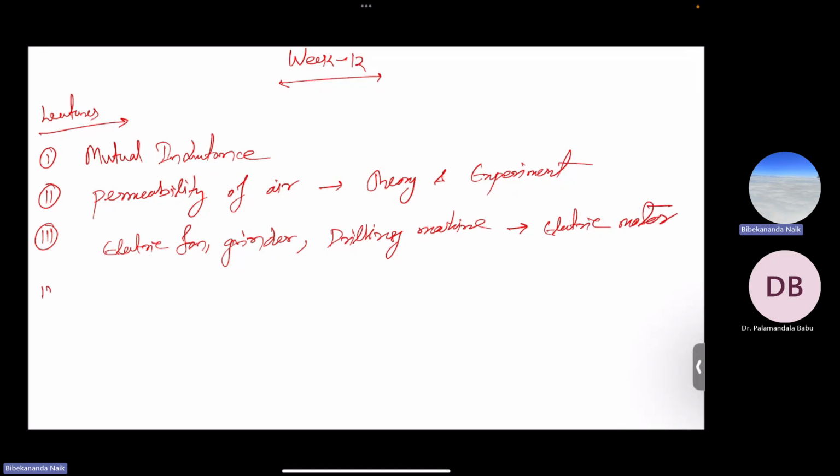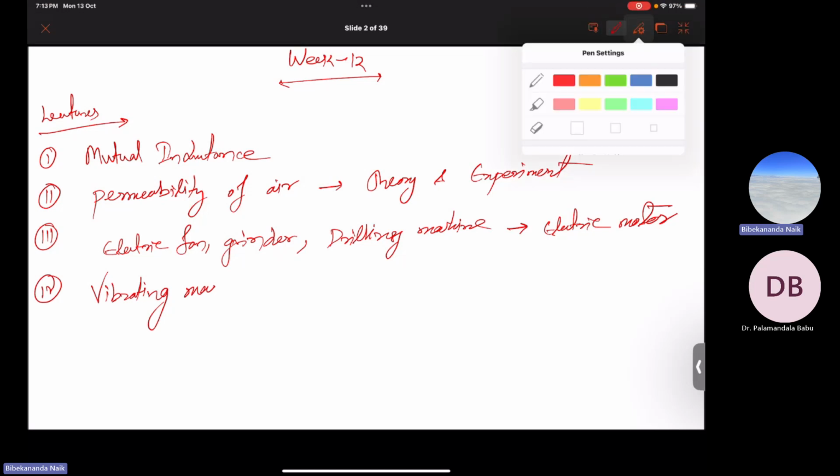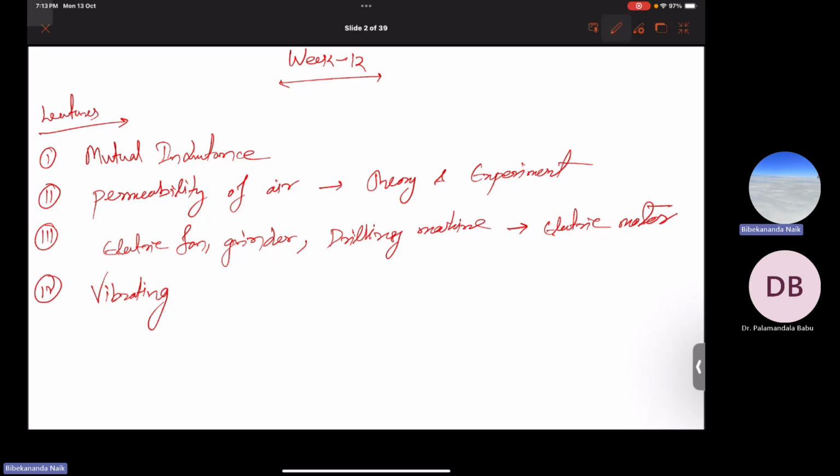Then another device called the vibrating sample magnetometer was also discussed.